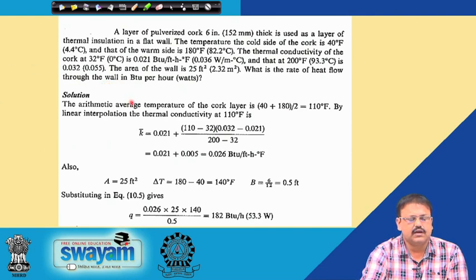So, the arithmetic average temperature of the cork layer is 40 plus 180 by 2, that is 110 degree Fahrenheit.